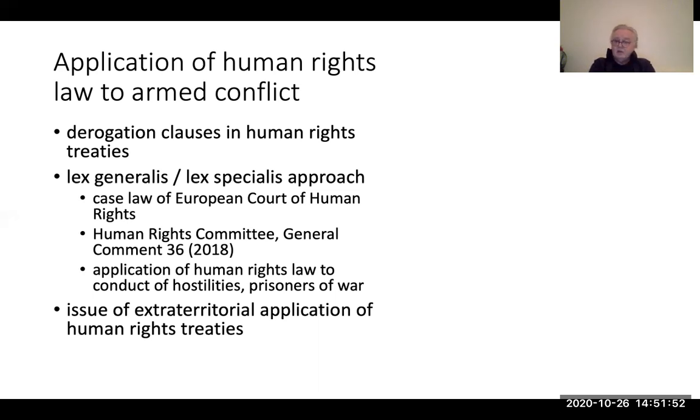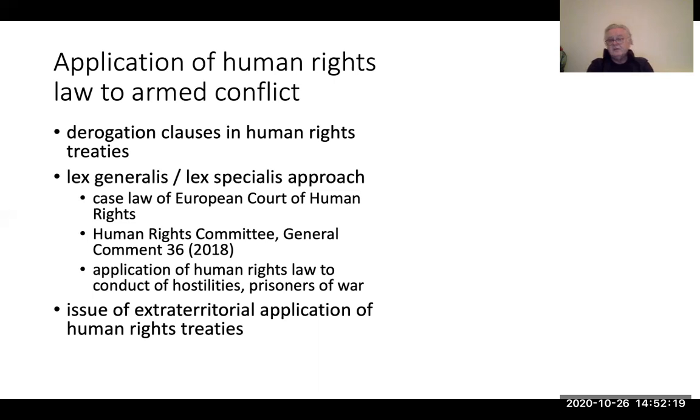The anti-nuclear weapons states argued before the court successfully that human rights law applied, as well as, for example, humanitarian law. And they said that human rights law prohibited the use of nuclear weapons. There they found some support in a general comment issued by the Human Rights Committee of the United Nations, which is the body that enforces the International Covenant on Civil and Political Rights.